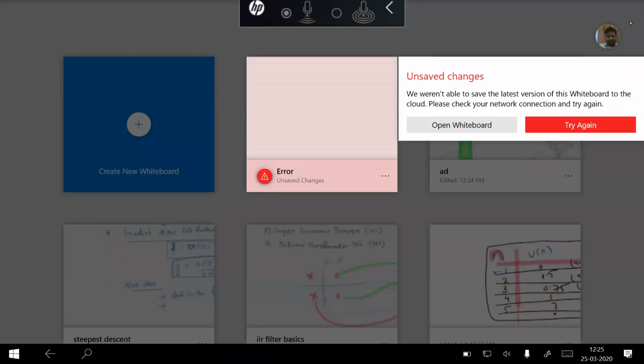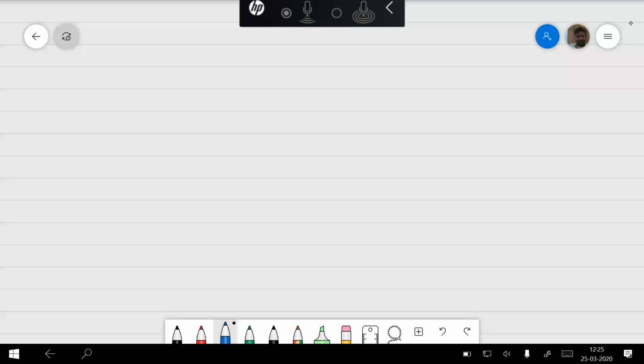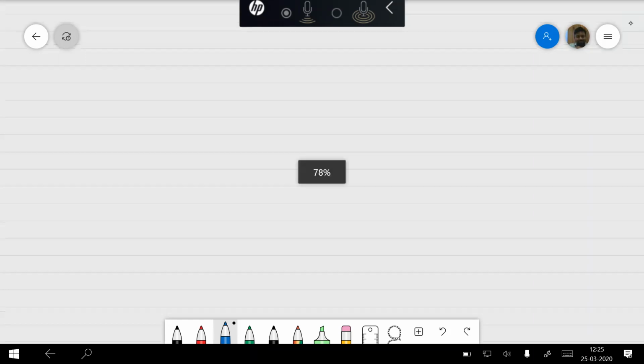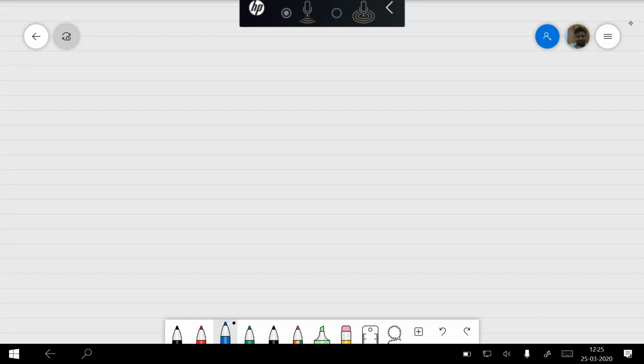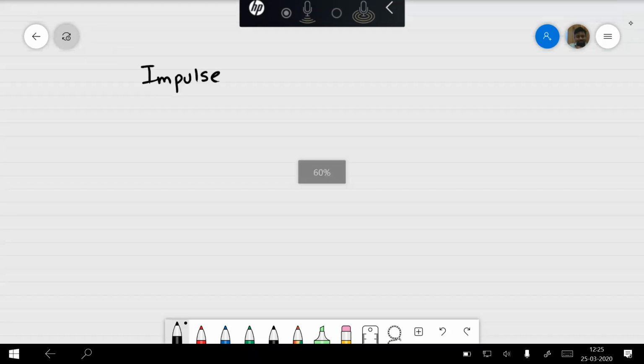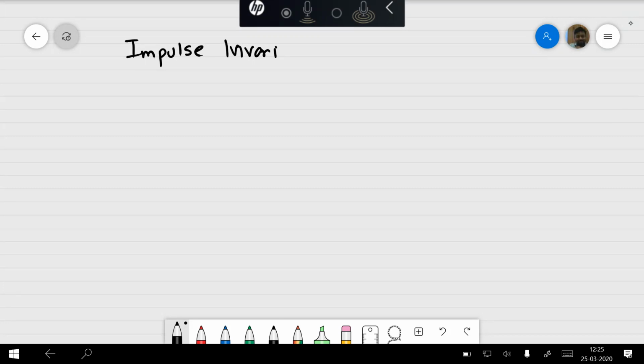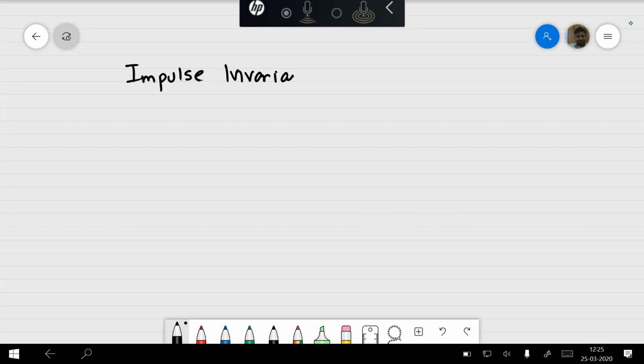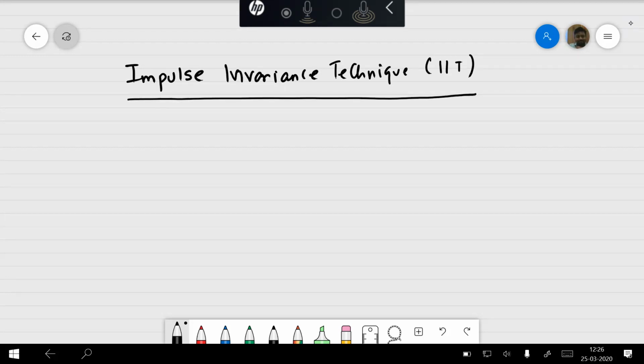This next part is about the second conversion method, or second method of designing an IIR filter, the impulse invariance technique, known as IIT. And this is one of the easiest techniques of converting analog IIR to digital IIR.